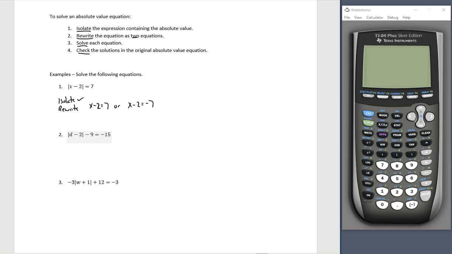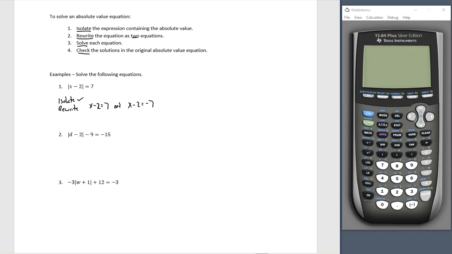It should be and. In math, the and or are very important to keep straight. With a square root property, we would use or. With absolute values, we're going to use and. Now we can solve each equation.